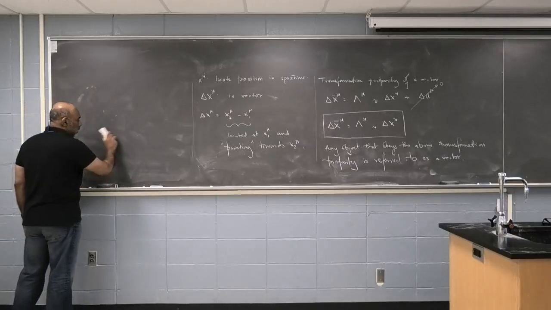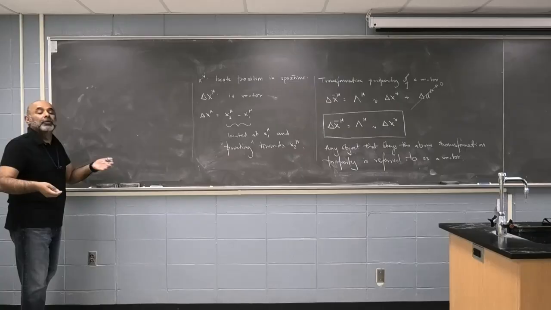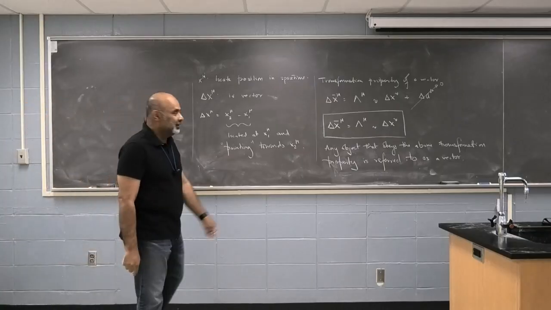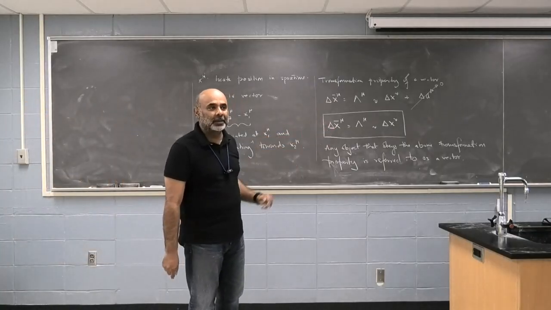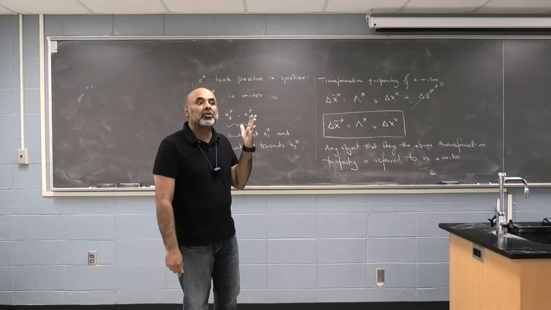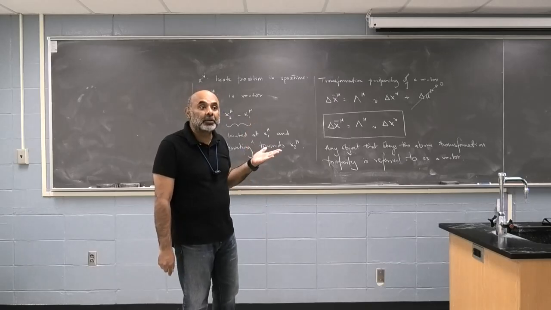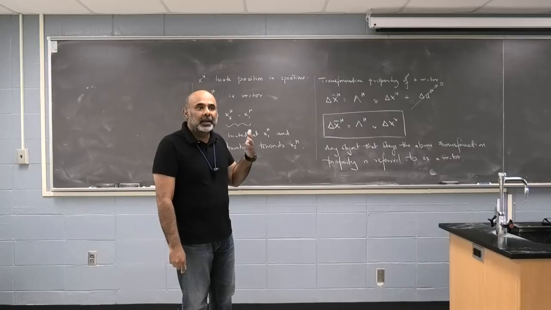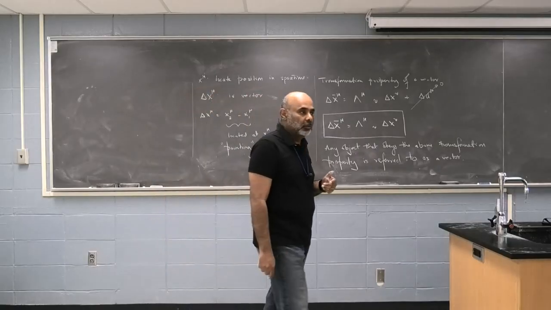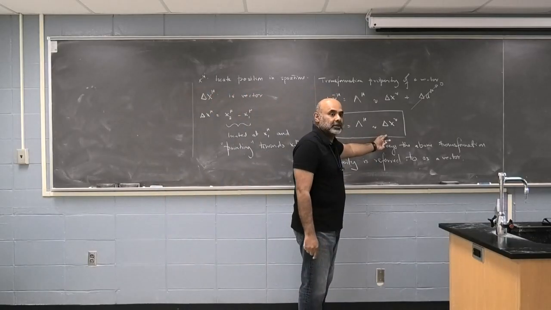For example, velocity is a vector. This looks almost like velocity, you have to divide by time. But no, forget that. The electromagnetic potential is a vector, right? So there are many, many vectors. So they won't all be delta x.